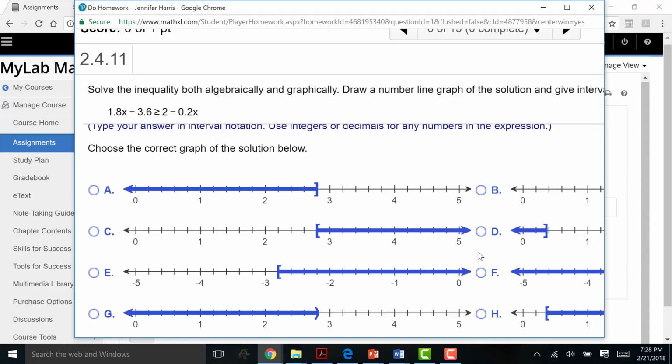Why was the bracket put in that space? That's why I say it's always important to shade first, because when you shade it, you can see it. So let's use one that you can see. 2.8 is right here. What side did we say we're going to shade?